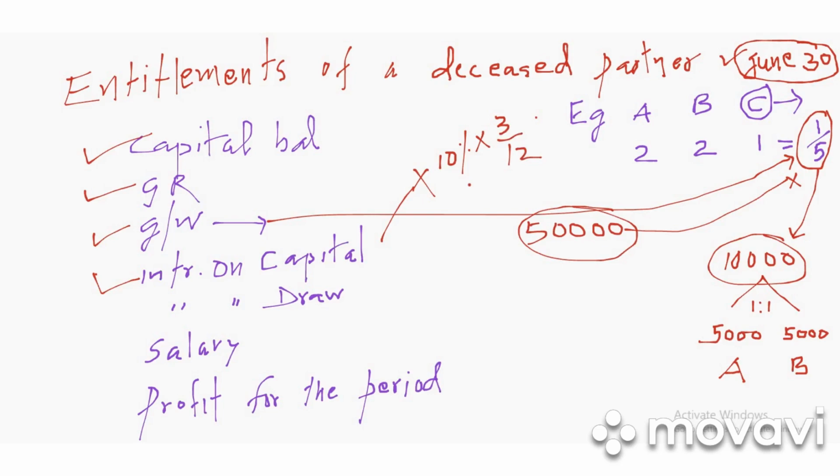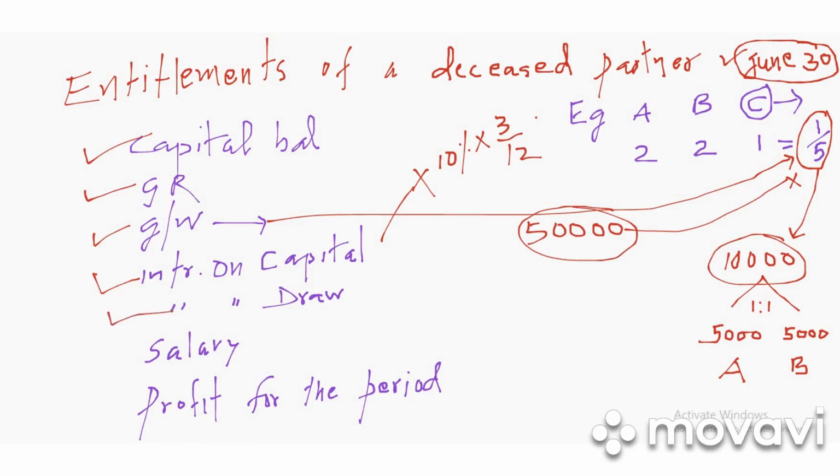So you calculate the amount in this way: capital into rate into period. He'll be getting only 3 months interest on capital, because after 3 months he died. So his entitlement will be for 3 months. In this way, interest on capital you can calculate.